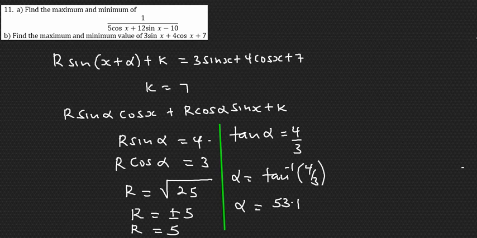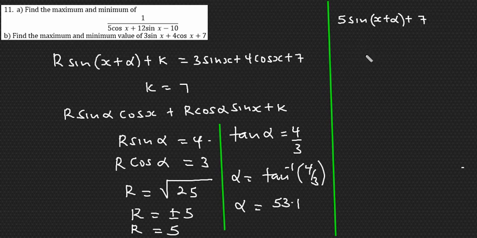So now from here we need to rewrite it. So our R is 5, then sine(x plus alpha) plus a constant k, which is 7.